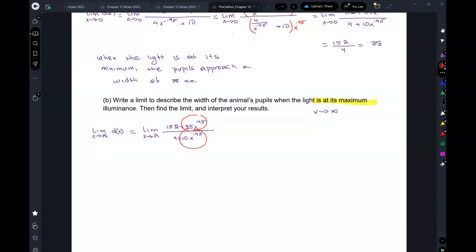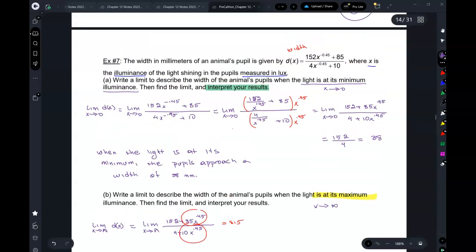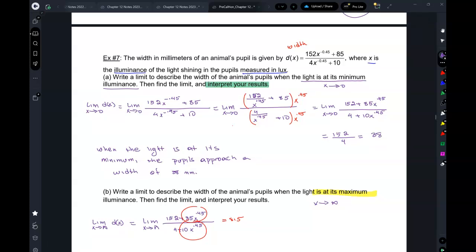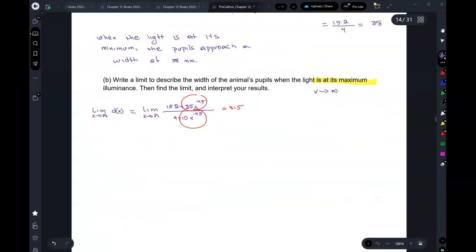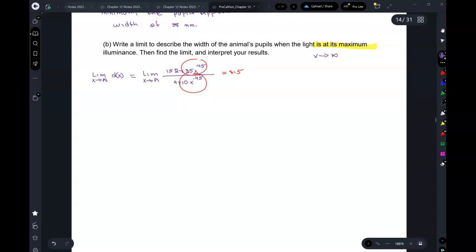And then 85 over 10 is what? 8.5. From here you can, but since I simplified it, you can use either step. Remember when the top and the bottom have the same degree, it's just the ratio of their coefficients. So 85 over 10 is 8.5.